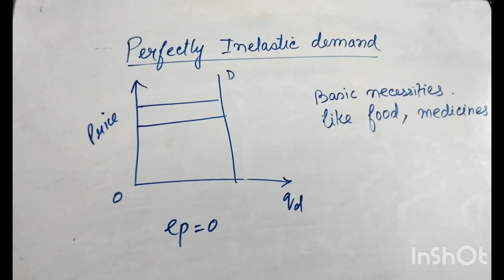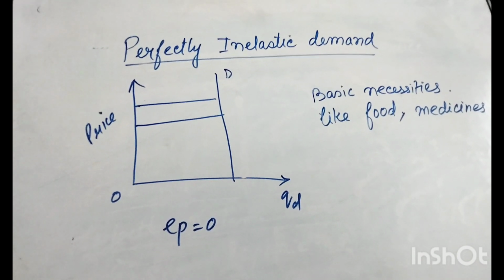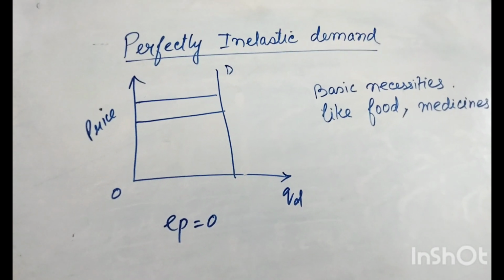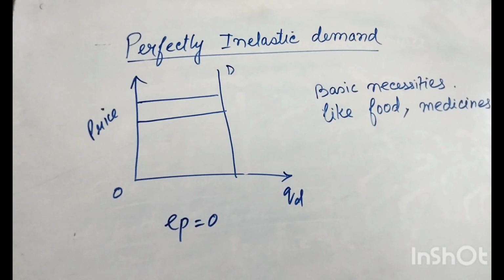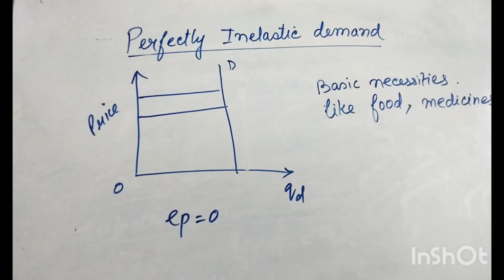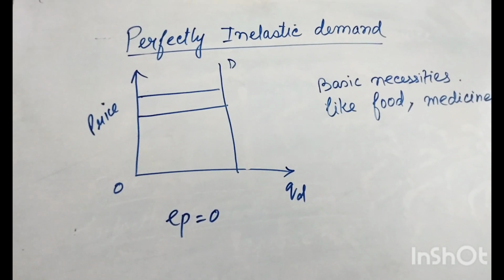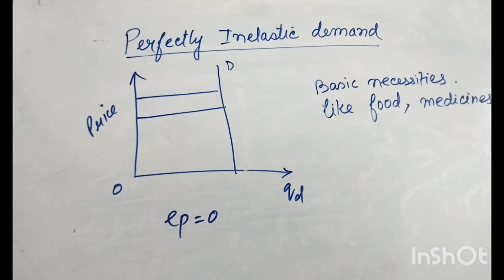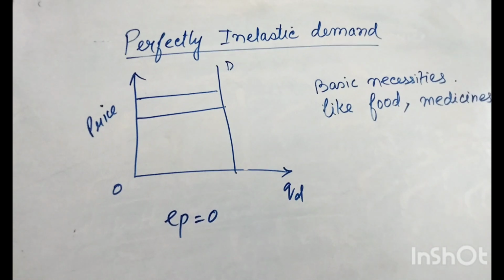For example, the basic necessities of life, that means food and medicine. Whatever be the price of food, we have to have it for our own living. Even if the price of rice or wheat rises, we will buy it.